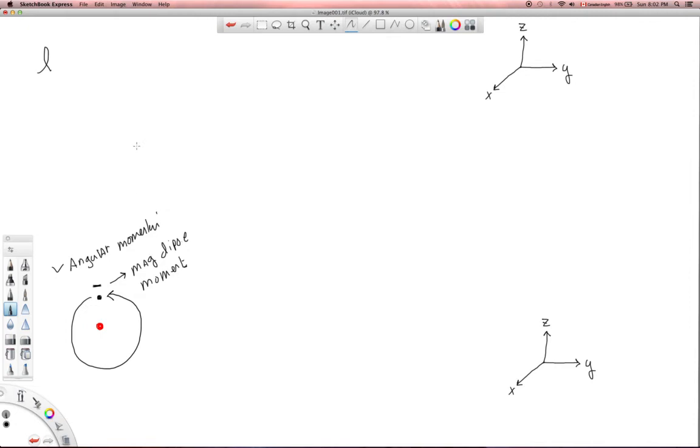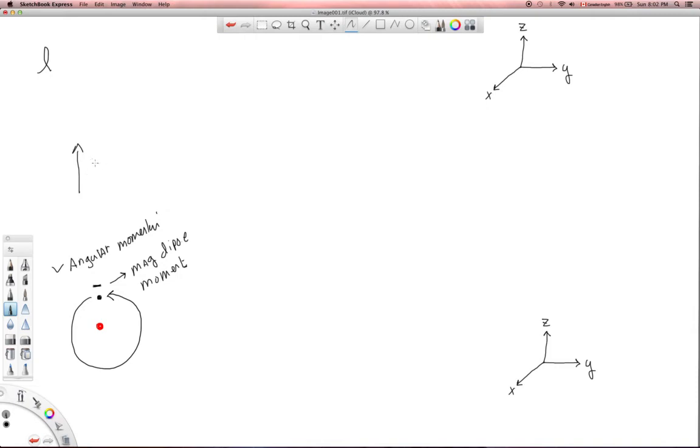It's kind of hard to draw here, but if you remember from physics, the right-hand rule applies to a current. Say I have a current flowing in this direction.